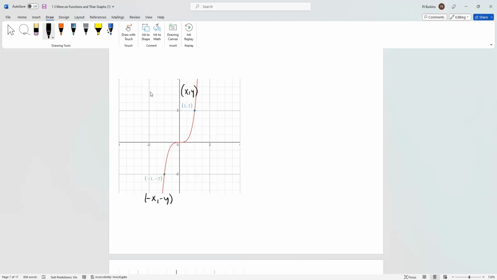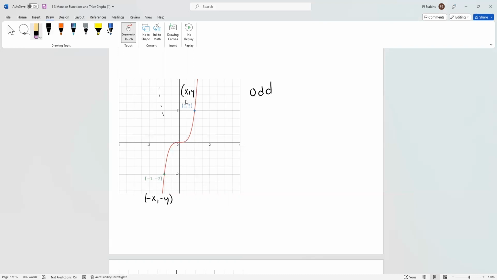So that has symmetry about the origin. And remember that that is the same as saying that a function is odd. Again, if I took this portion here, I flip it over the x-axis, and then flip it over the y-axis, then I get the other part of the function, which means that it is symmetric about the origin.